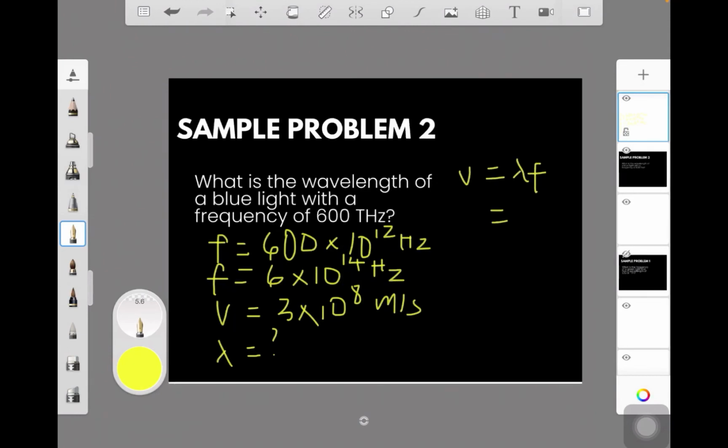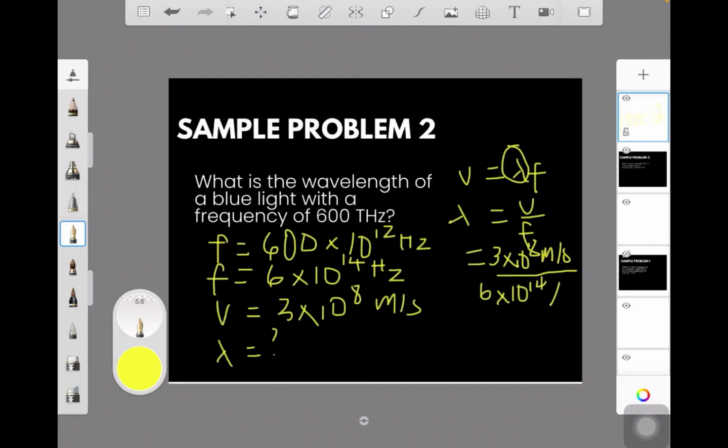So if we are interested in the lambda, therefore, lambda would just be equal to speed over frequency. So by just writing the given, we have the speed, which is 3 times 10 raised to 8 meter per second, and your frequency, which is 6 times 10 raised to positive 14.